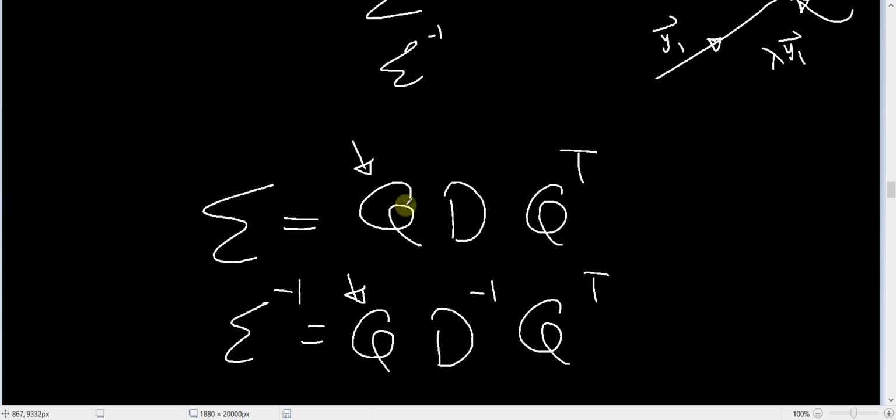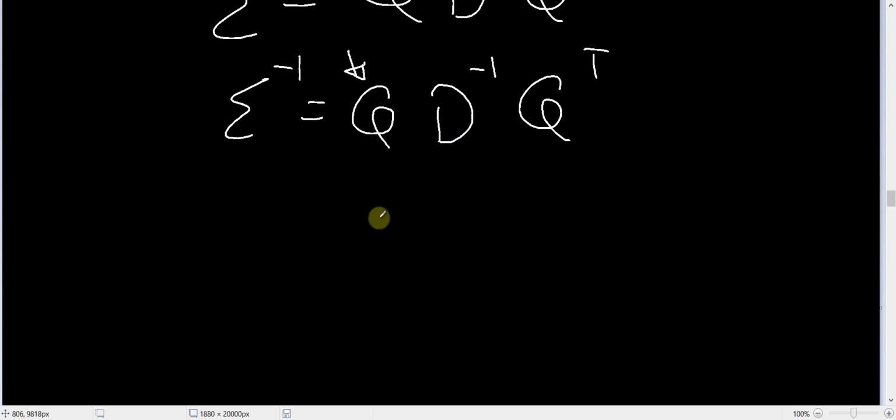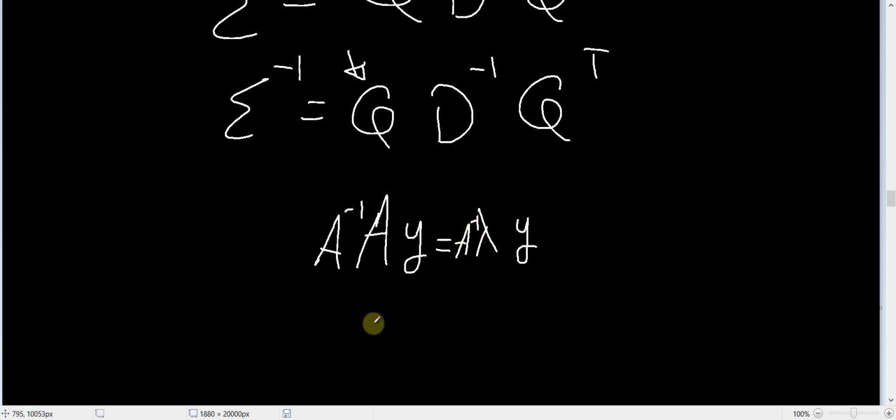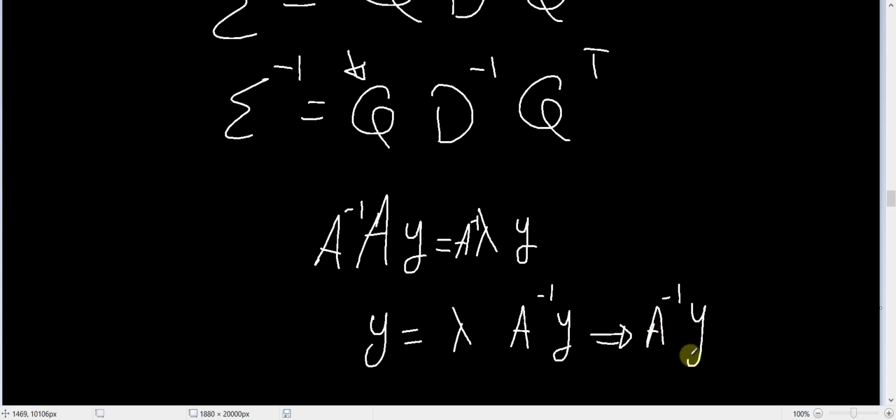A third reasoning for the same statement might be as follows. We know that the equation for the eigenvectors is A multiplied by Y is equal to lambda multiplied by Y. Now, assuming that the matrix A does have an inverse, then multiplying A^-1 on both sides, you will find that Y is equal to lambda multiplied by A^-1 Y. This means that A^-1 Y is equal to 1 over lambda multiplied by Y. This means that A^-1 multiplied by some vector is equal to some scaling factor multiplied by the same vector.